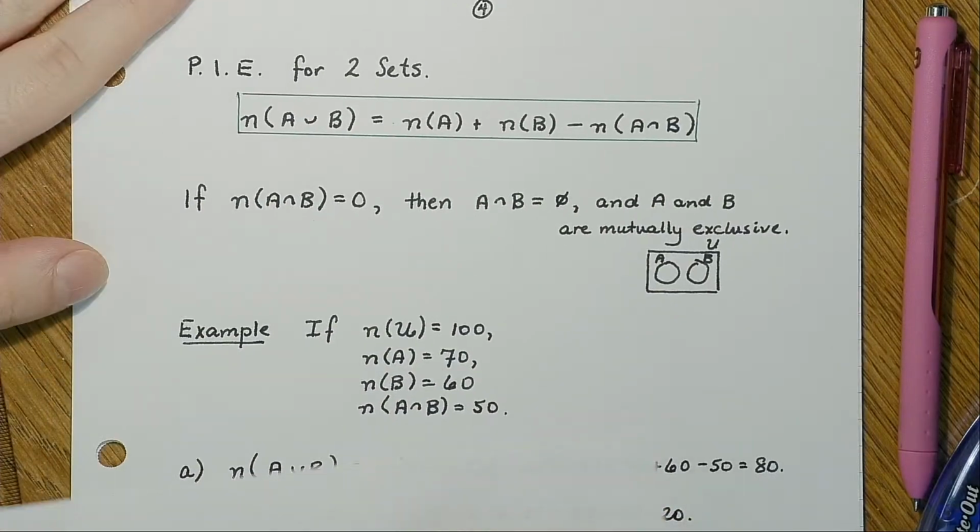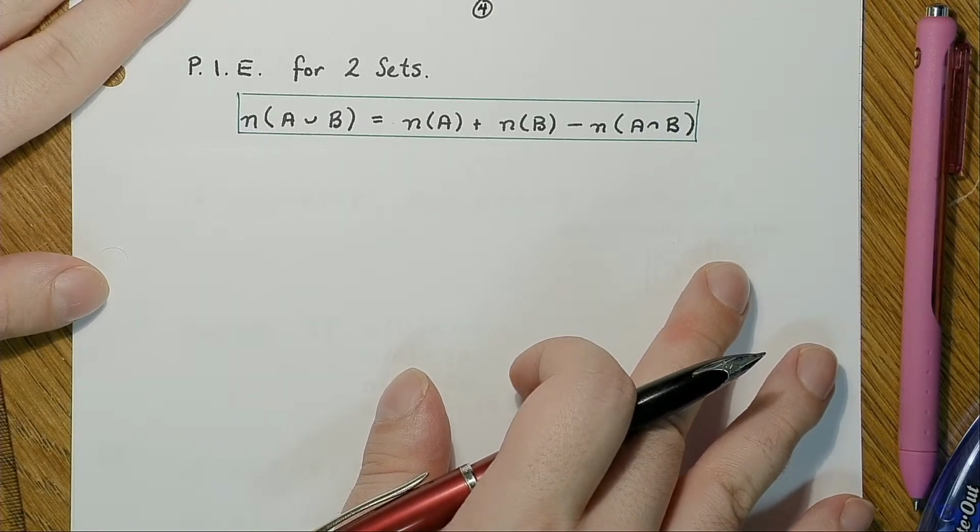So now that we had pi for 2 sets, here's pi for 3 sets.